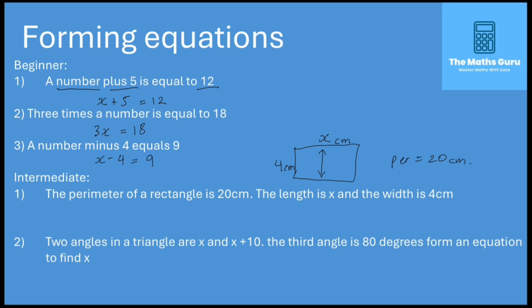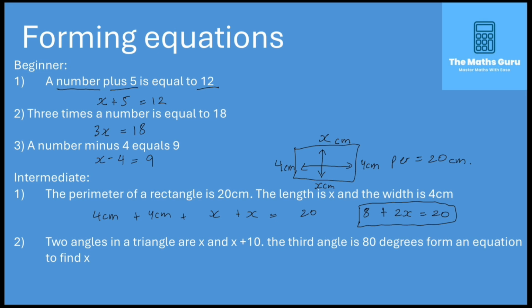This means the two lengths are going to be x centimeters and x centimeters, and the two widths are going to be 4 centimeters and 4 centimeters, which means 4 plus 4 plus x plus x is equal to our perimeter, 20 centimeters, which is 8 plus 2x is equal to 20. And we can leave it in this form here.